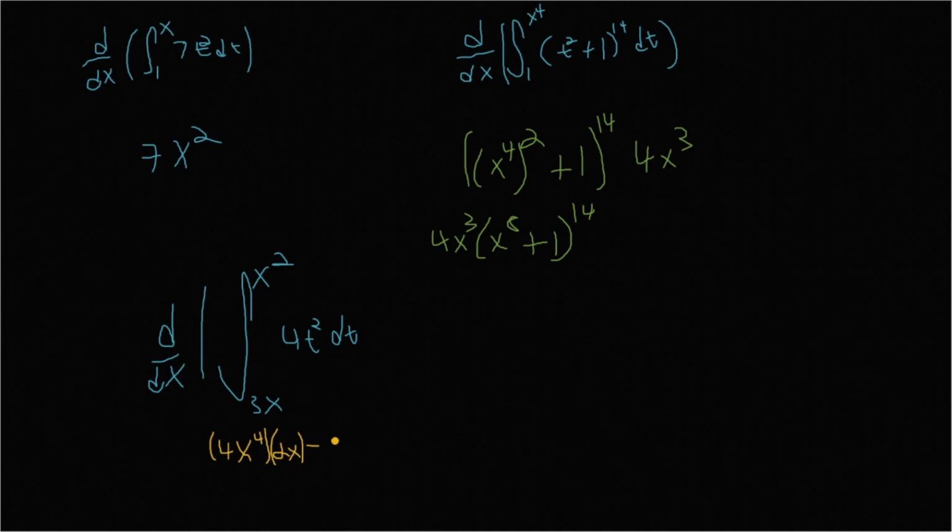So that would be 4 times 3, or 12, times, actually, I'm going to just leave it like 4 times 3x squared, because the whole thing has to be squared. So 4 times 3x squared times the derivative of 3x, which is just 3, and that would be that. And that is the fundamental theorem of calculus.